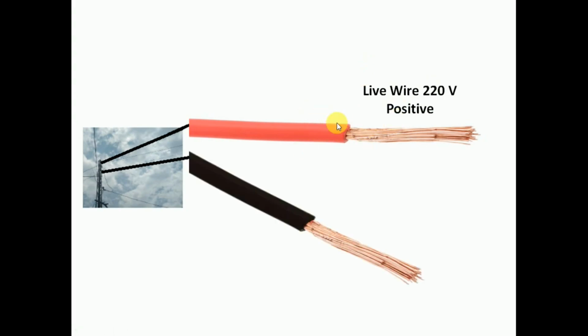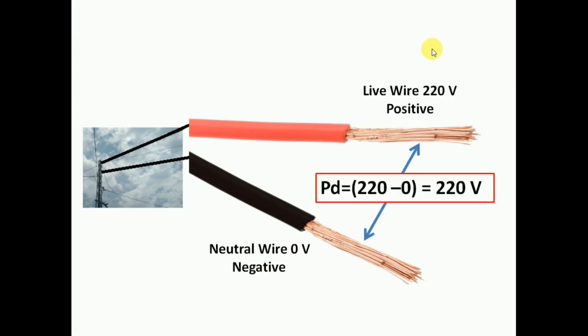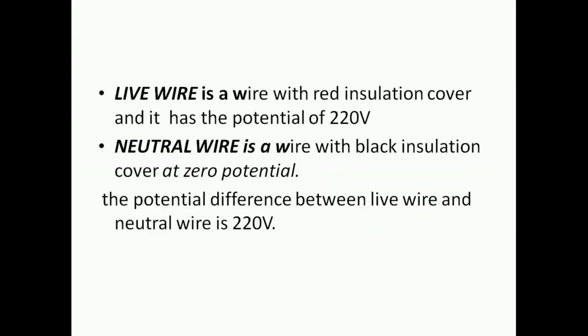And the other wire is called neutral wire, and it is at the potential of 0 volt, and the potential difference between them is 220 volt minus 0 volt, so it is 220 volt. So live wire is at 220 volt with red insulation, and neutral wire is with black insulation, at 0 potential, and the potential difference between them is 220 volt.